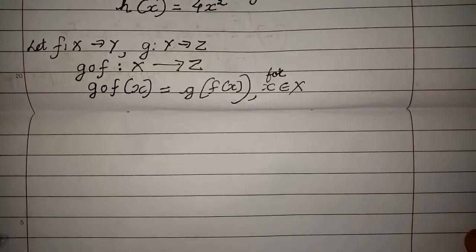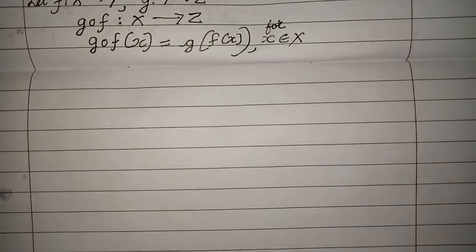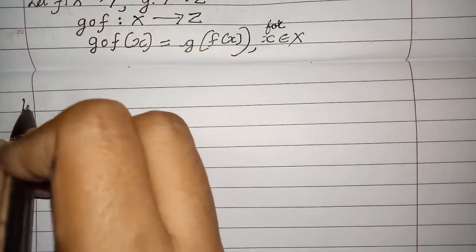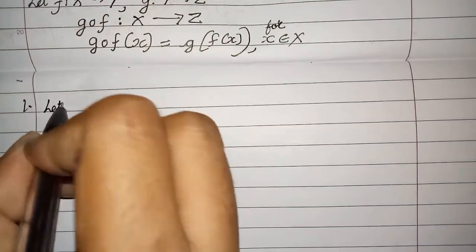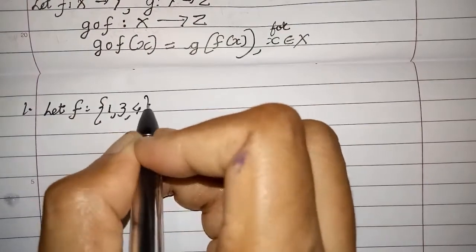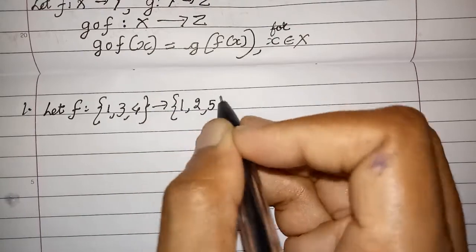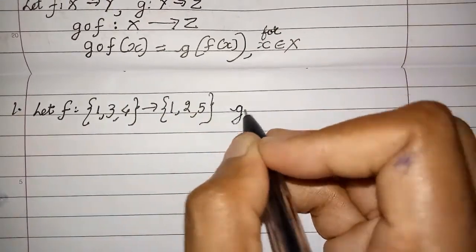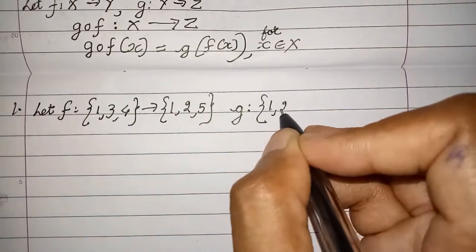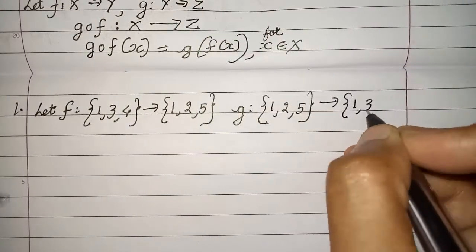Okay, children, now let us understand this definition through an example. Suppose I have a set f, having elements say 1, 3, 4, and it is going to set say 1, 2, 5. I am having another set g. It is having 1, 2, 5 elements, and it is going to 1 and 3.